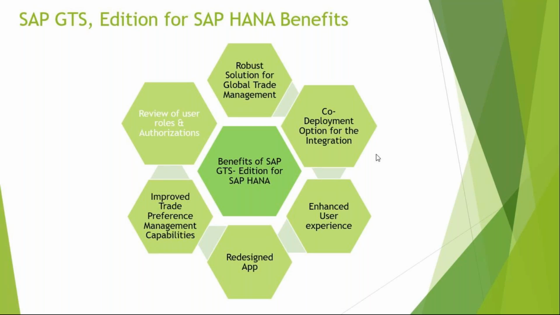Now coming to next benefit, which is improved trade preference management capabilities. Whenever we talk about the conversion from SAP GTS 11.0 to SAP GTS edition for SAP HANA, this is again one of the most important parts where SAP has improved trade preference functionality.